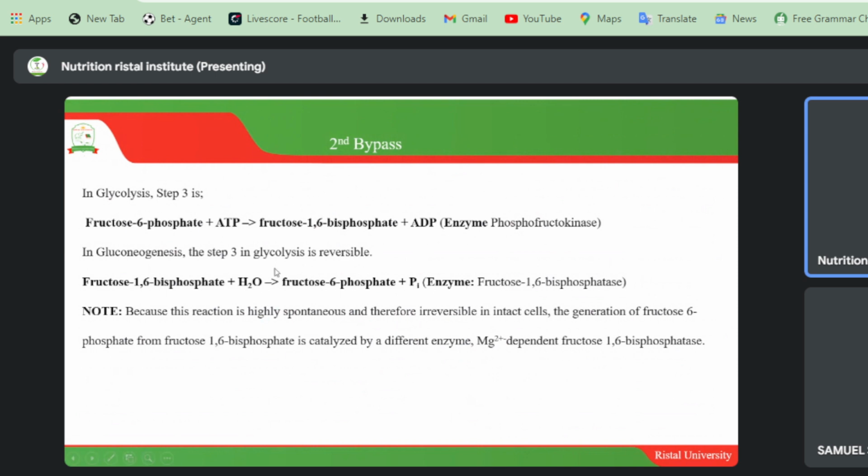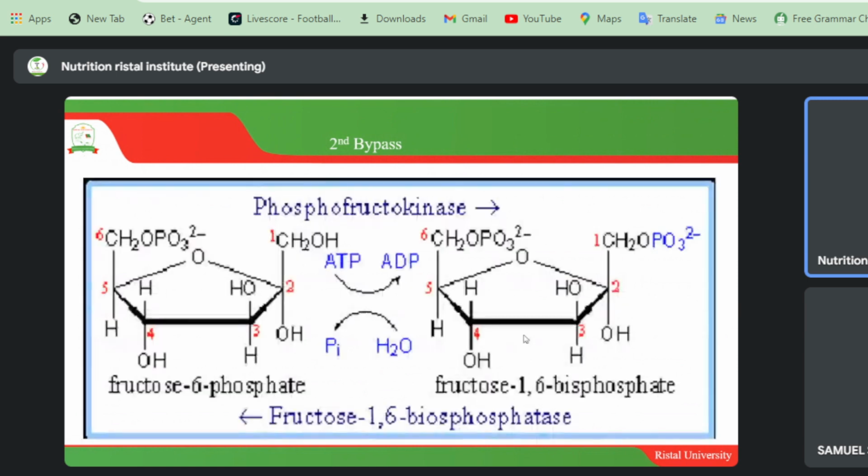So you have to note that because this reaction is highly spontaneous and therefore irreversible in intact cells, the generation of fructose 6-phosphate from fructose 1,6-bisphosphate is catalyzed by a different enzyme. It is magnesium-dependent fructose 1,6-bisphosphatase. So this enzyme really requires magnesium ions to function perfectly.